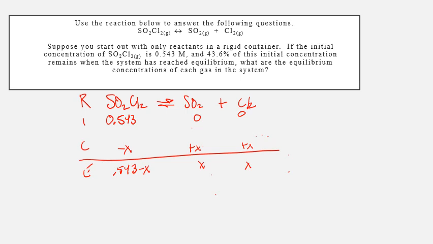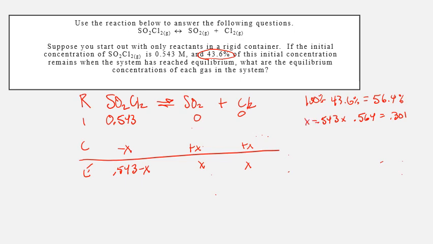So in this case, it tells us only 43.6% of this substance remains. So I'm going to take the reverse of that and figure out how much was removed. So if I take 100% minus the 43.6%, that tells me that 56.4% of the SO2Cl2 was converted into the SO2 and Cl2 gases. So I'm going to take the initial concentration, 0.543, multiply it by 0.564, and that equals 0.301 for the concentration that would be equal to x.